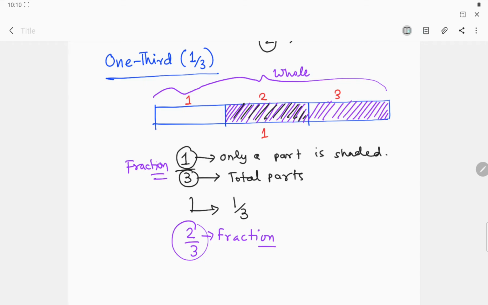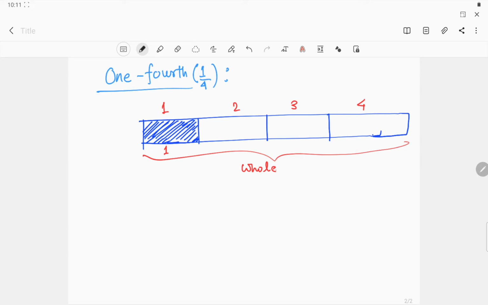Similarly 1/4. So this is the picture of 1/4. This is a whole strip, and I have divided it into 4 equal parts, 1, 2, 3 and 4. And out of these 4 portions, only one portion is shaded. So how many portions are shaded in this case? Only one portion. So you will say 1/4. 1/4 portion is shaded.